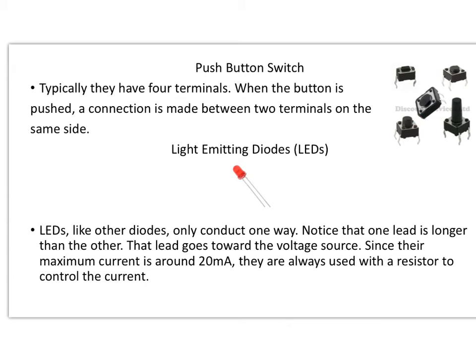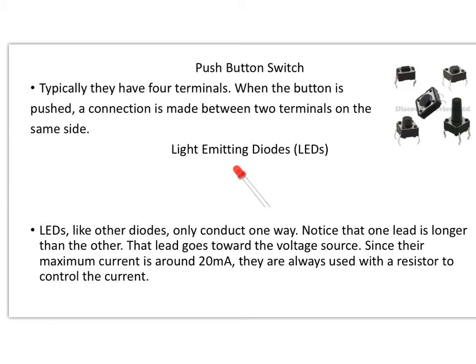Now when you press the button on the switch, these 2 terminals right here get connected together, as well as the 2 on the other side. And so in that way you can complete a circuit and possibly, if these are connected to an input port, the port can sense the fact that the button is pushed.